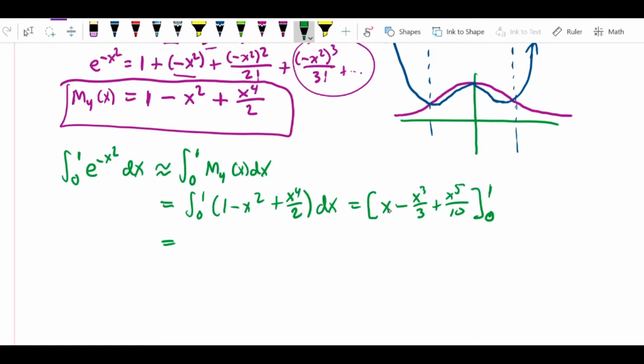When I plug in the 1, I'm going to get all the positive terms. When I plug in 0, I'm just going to get 0. So this is going to be 1 minus 1/3 plus 1/10. The common denominator here is 30, so that's going to simplify to 30 minus 10 plus 3 over 30, and that comes out to 23 over 30.